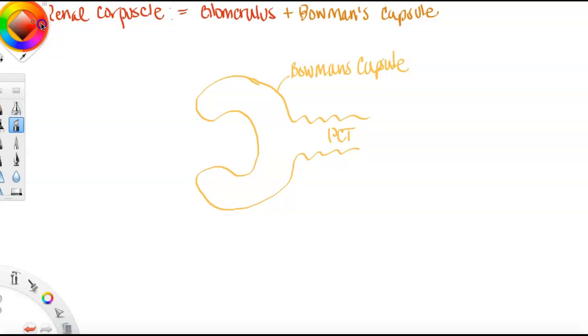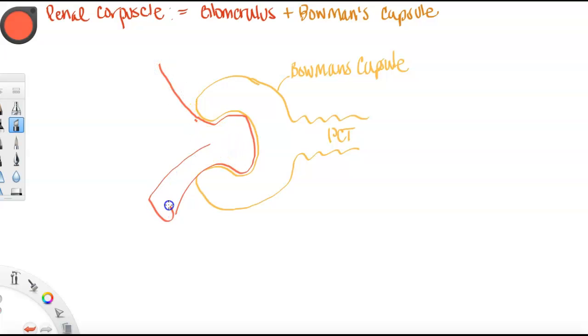And then here we have the glomerulus. All right, so here's my little knot. This is my capillary bed. Okay, so here's the glomerulus. So those two things together make up the renal corpuscle.